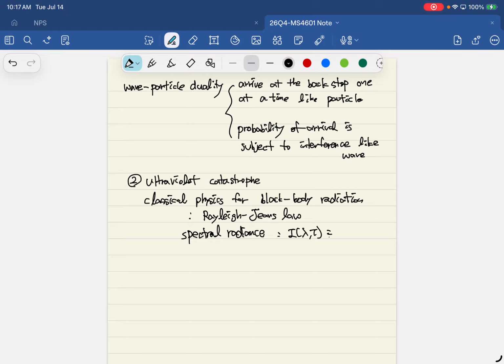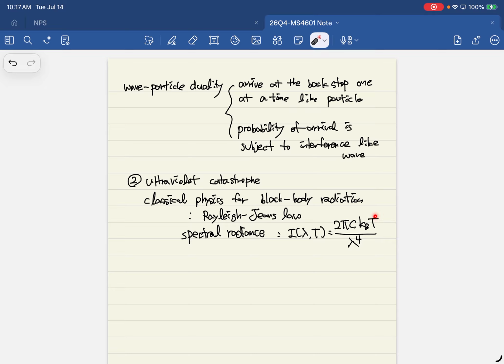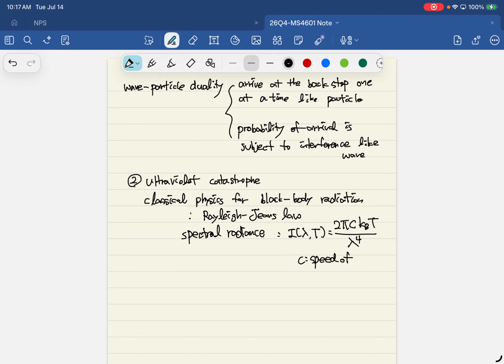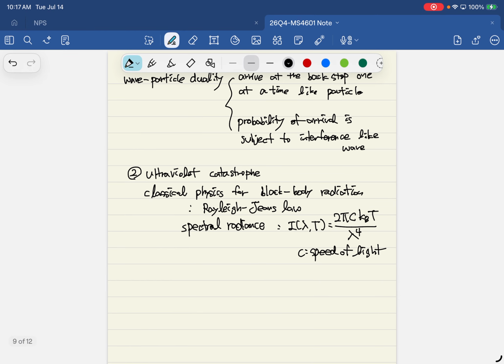Okay, so in this case, the radiance depends on wavelength and temperature. It is given as 2 pi c kBT over lambda to the power of 4. Okay, so kB is the Boltzmann constant, T is the absolute temperature, lambda is the wavelength, and c is the speed of light. Okay, so this was the spectral radiance equation.